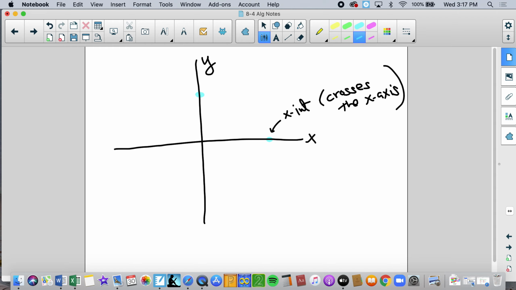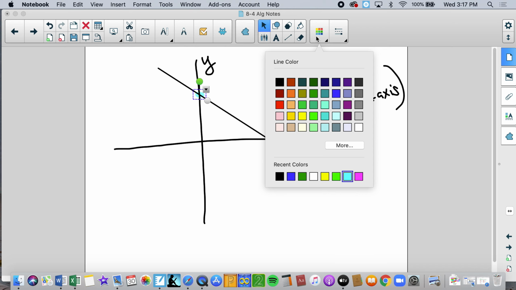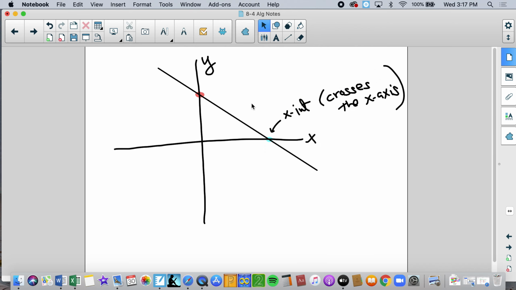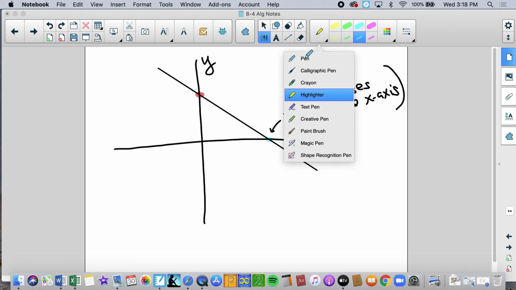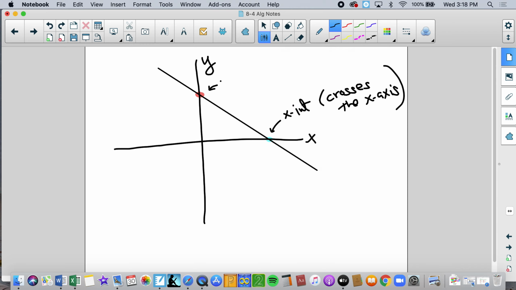A line looks like this. That would be considered the x-intercept. Let's make this red. This would be considered the y-intercept, because it's where it crosses the y-axis.